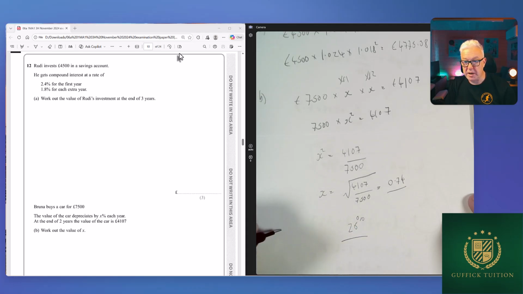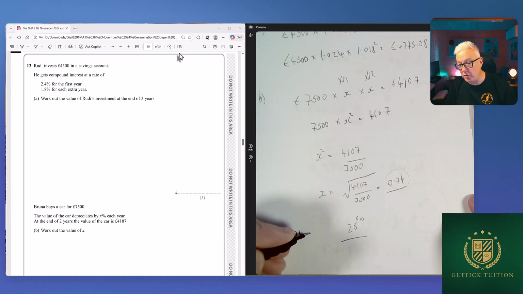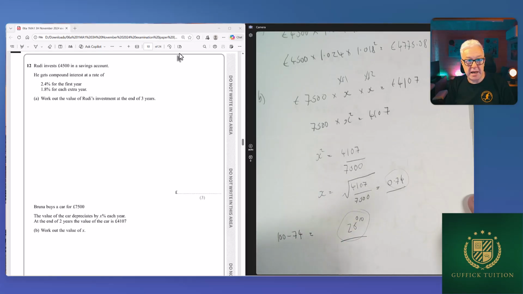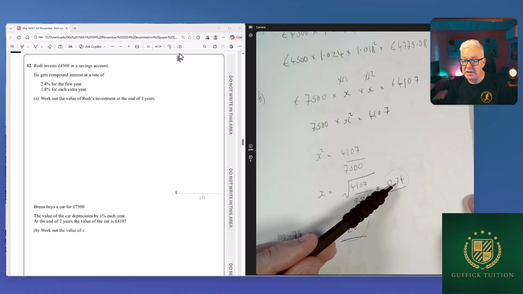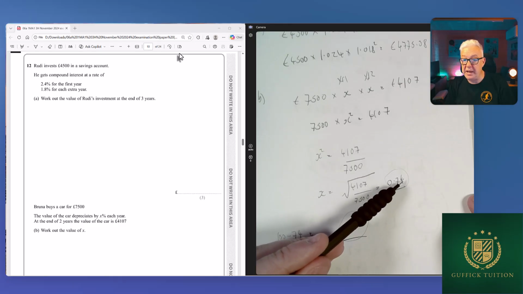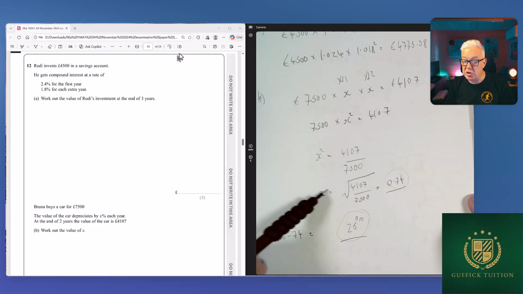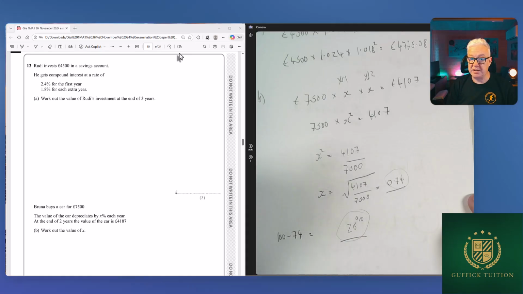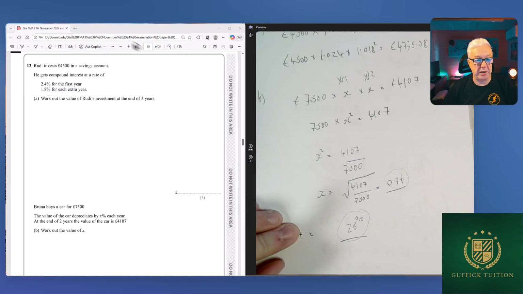Because what you've got to do is say, if I have got 74% of the value left, then 100 take away 74 is going to equal 26. So what this in essence is saying is we have 74% of the value left at the end of each year. So therefore it's decreasing each year by 26%. So yeah, just be careful on that one. A little bit tricky there. Perfect. Right, next one.